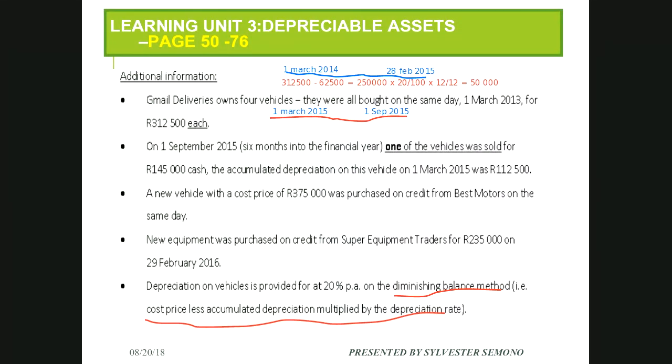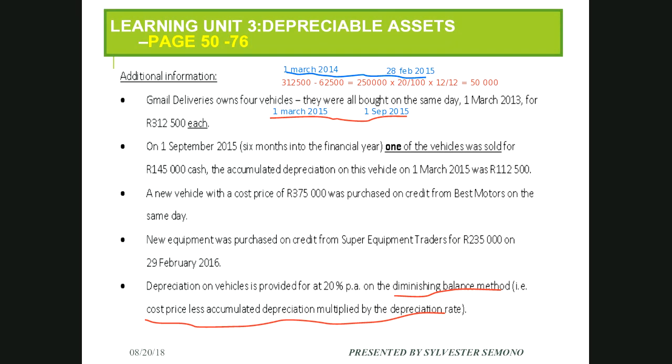So, do you understand why do we minus 112,500? Yes. Because it's the sum of the depreciation from the first year and the second year. Yes, but even if you said minus 62,500 and minus 50,000, it will still be the same. Can you see now?